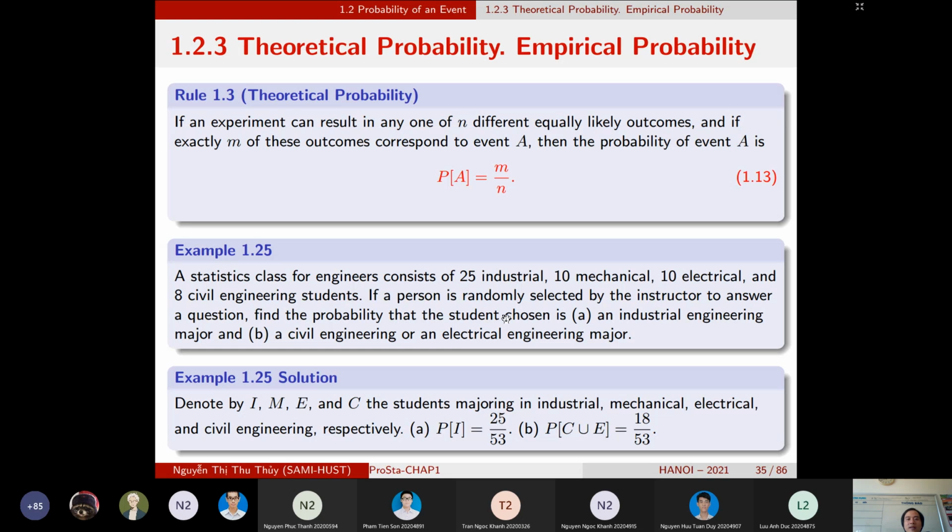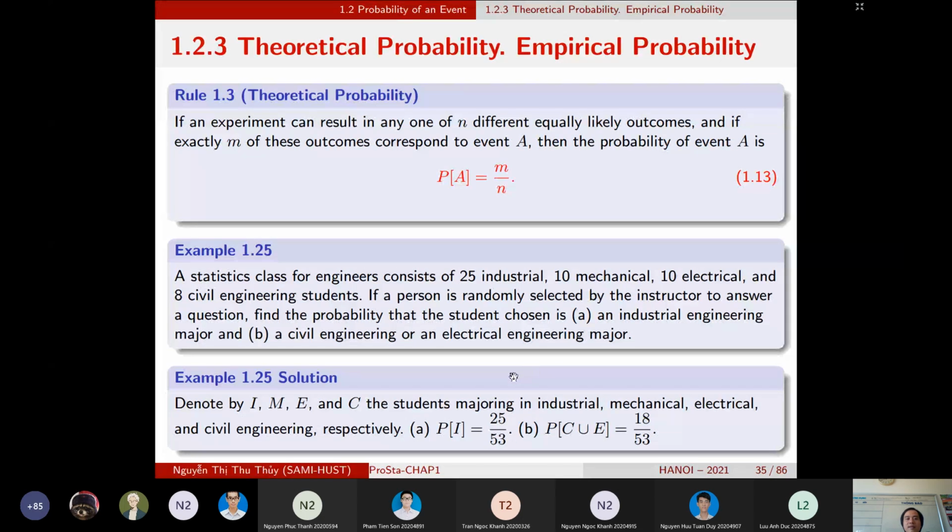The total number is the combination of all 4 different majors, so here we have in total 53 students in this class, and we have 25 industrial students. So the probability that we choose a student from industrial is 25/53.